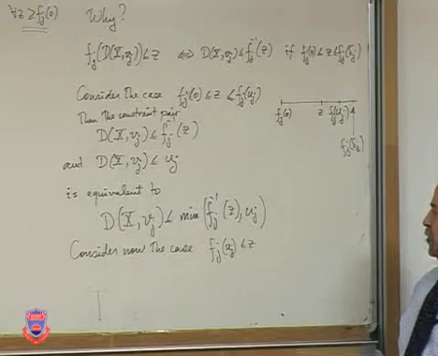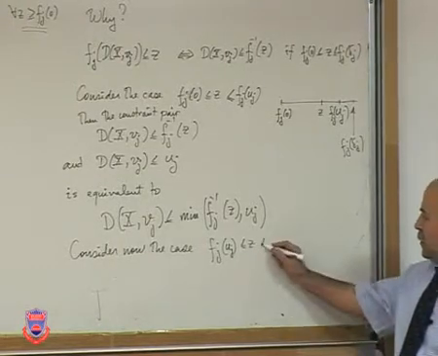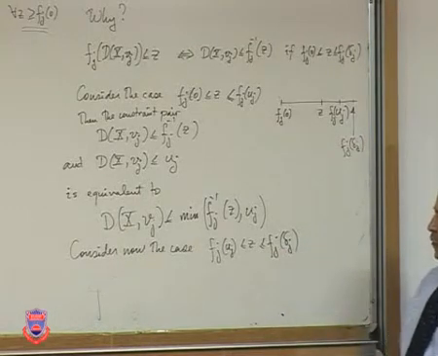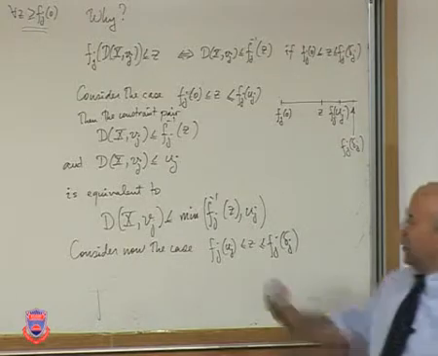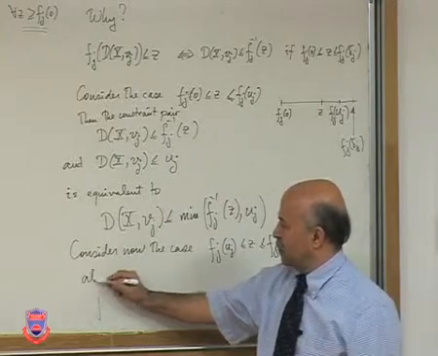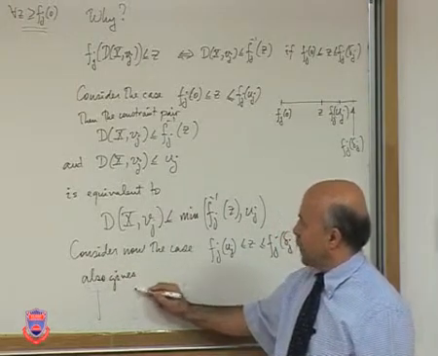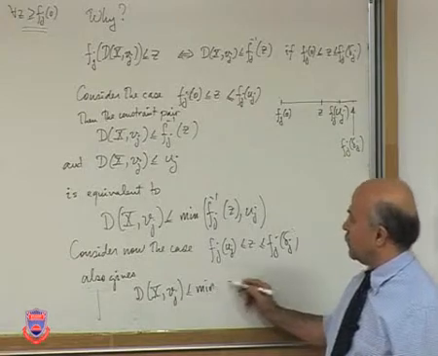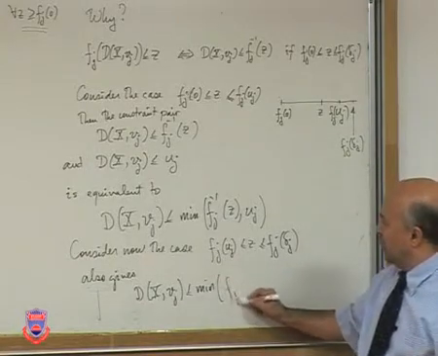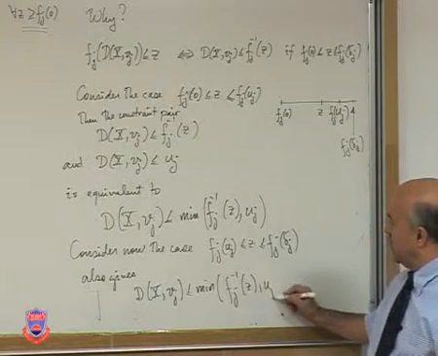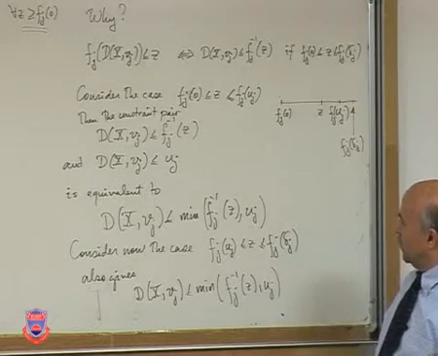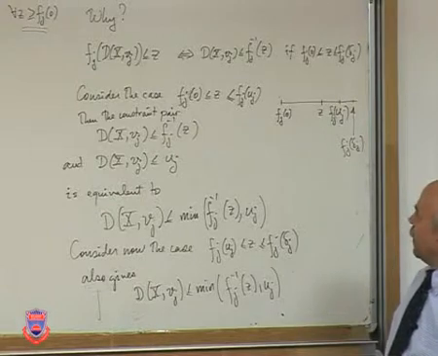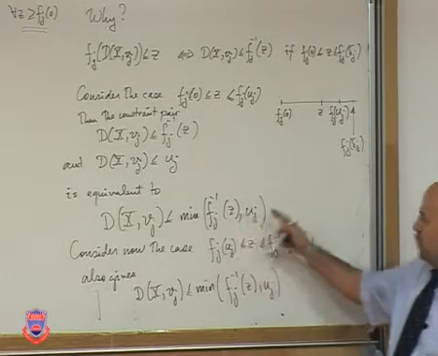Now, the case fj uj less than or equal to z, which is less than or equal to fj delta j, amounts to this again. In the first case, what is the minimum here?